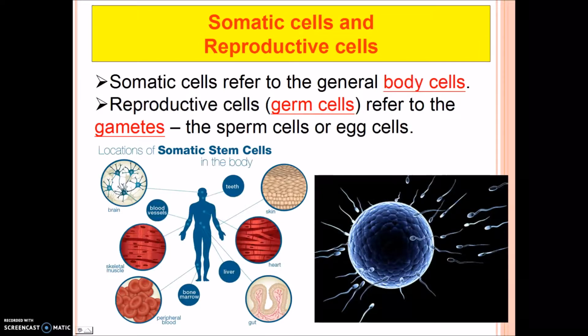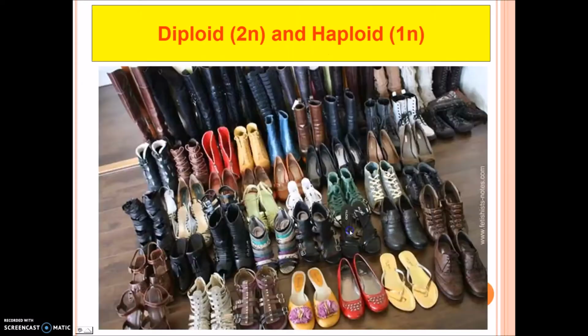Somatic cells, the body cells, are produced by mitotic cell division, and the gametes are produced by meiotic cell division. So that's why you need to distinguish between mitotic cell division and meiotic cell division.